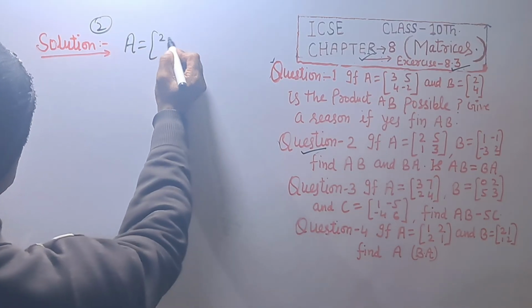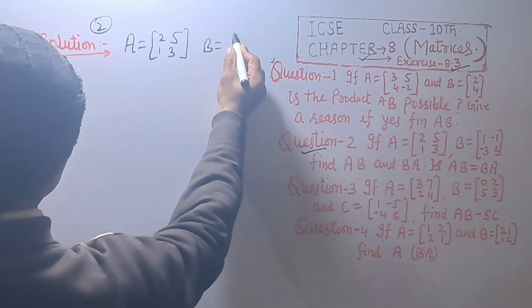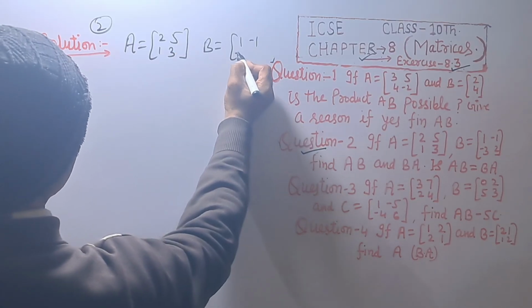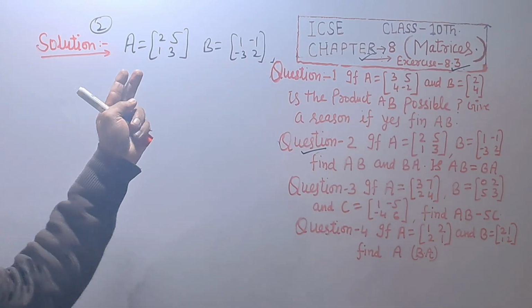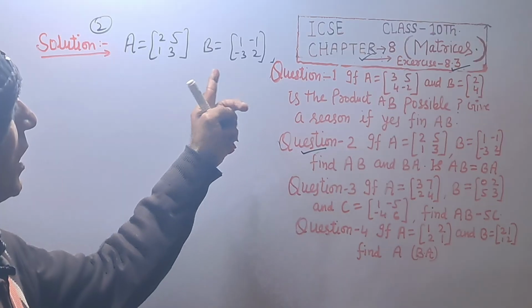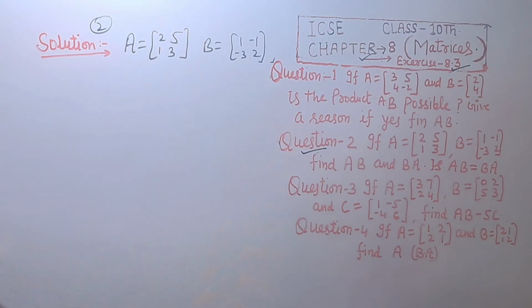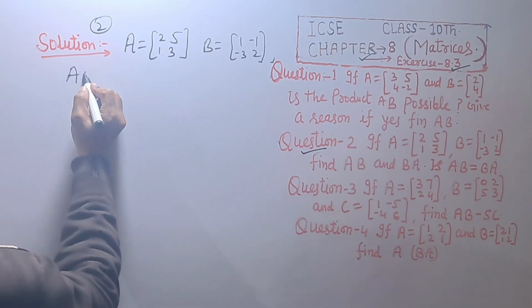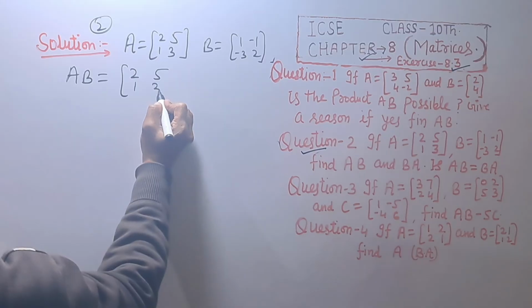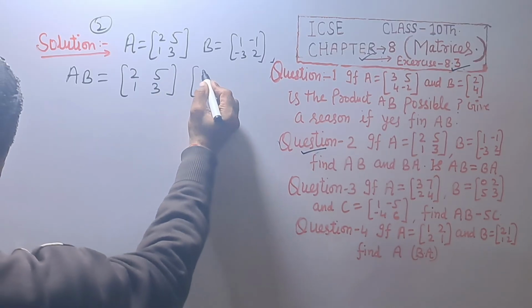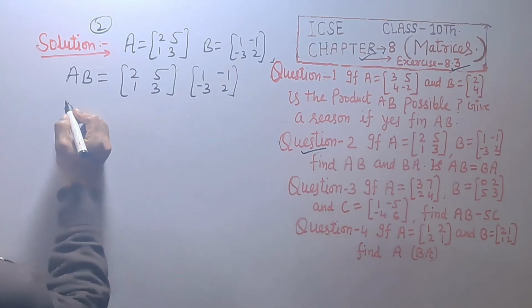A and B are both 2 by 2 matrices, 2 rows and 2 columns. So the product of AB is defined.